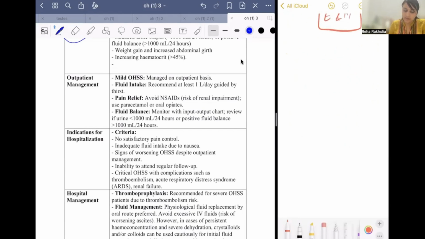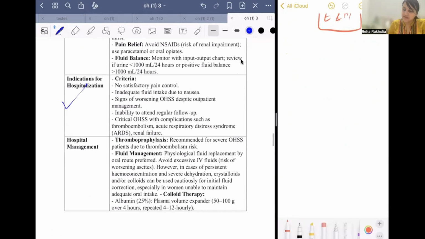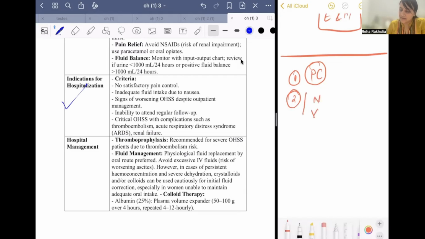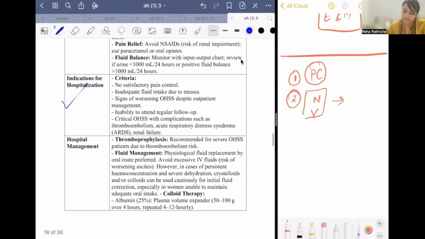Now we'll see about the indication of hospitalization. When considering indication of hospitalization, key criteria include unsatisfactory pain control. Pain control is unsatisfactory. Second is inability to maintain adequate fluid intake because there is nausea and vomiting. So there is worsening symptoms despite outpatient management.